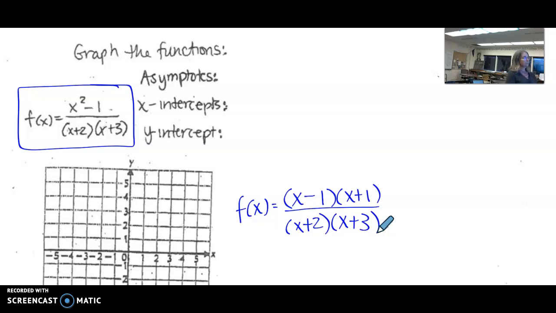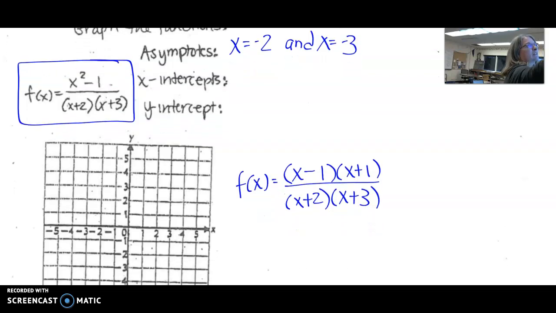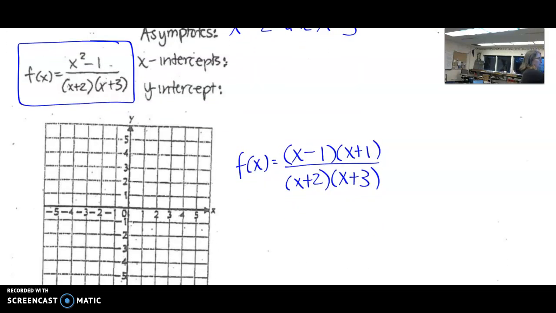Okay, so we determined that we had vertical asymptotes of x equals -2 and x equals -3. So right now I'm going to draw a dotted line through -2 and -3. And these are really close together.